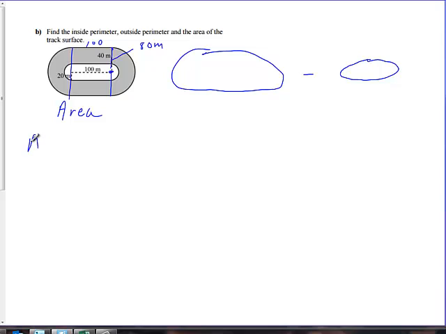For my big area, we're going to have length times width, because that figures out our area for a rectangle, plus one big circle, pi r squared for our area. So to substitute in, our length of our track is 100 times 80. Our radius for our big circle is 40. So we have pi times 40 squared.